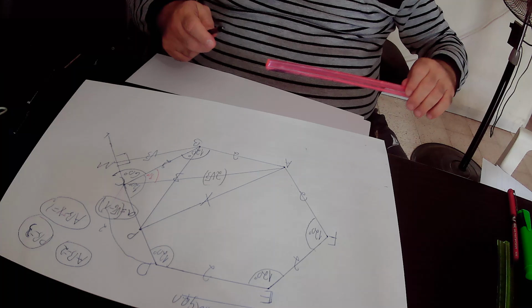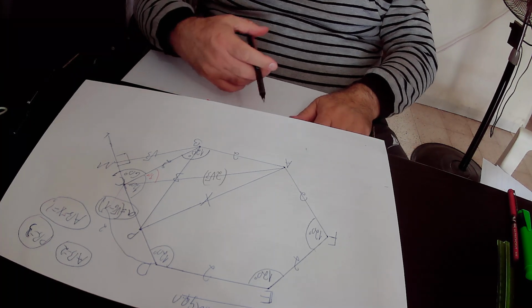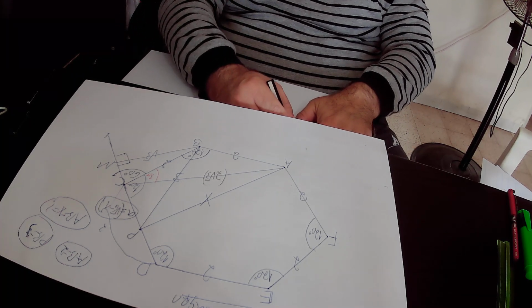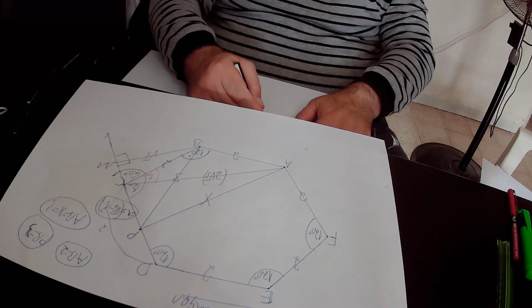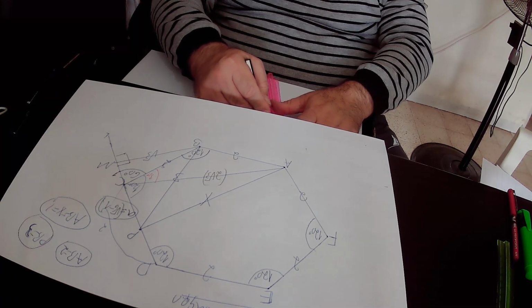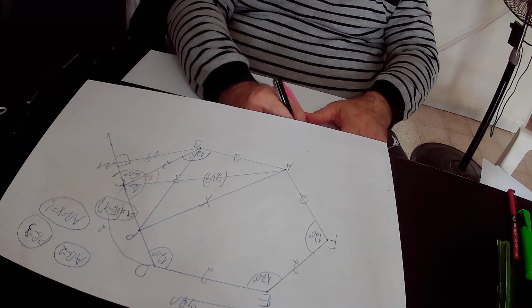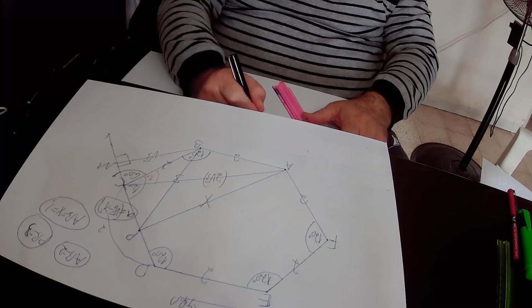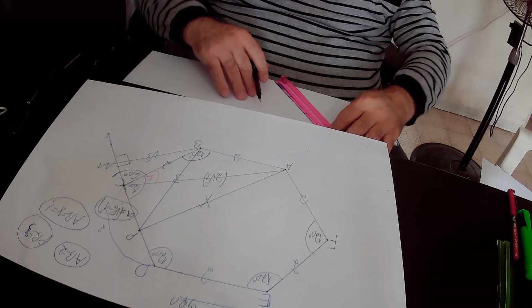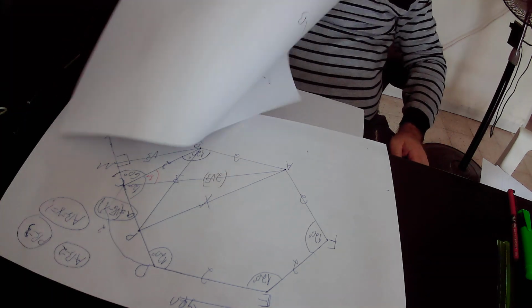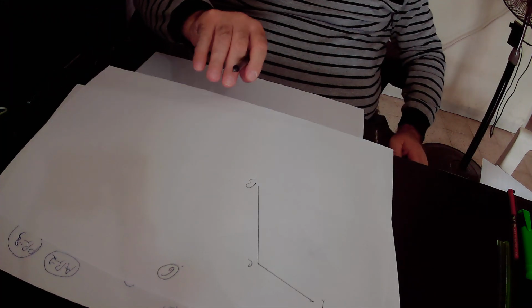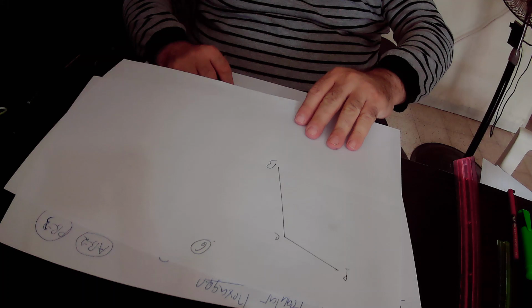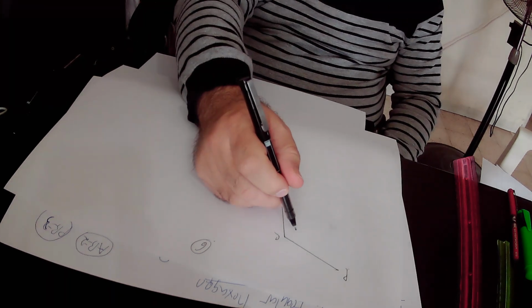We have the big angle PCB, so this angle PCB equals to 120 degrees in its size.